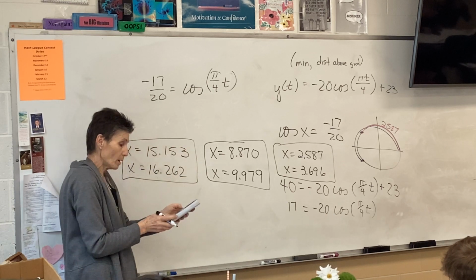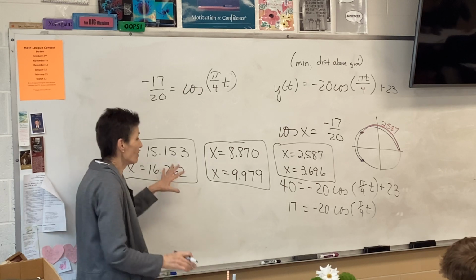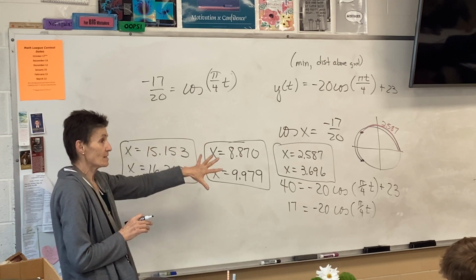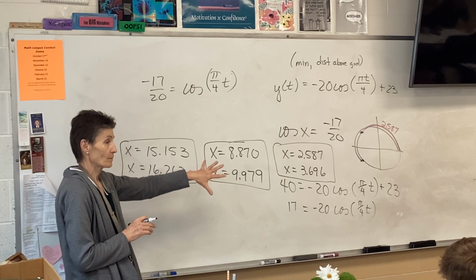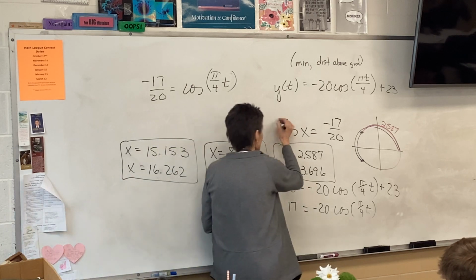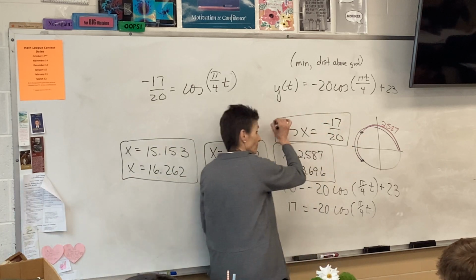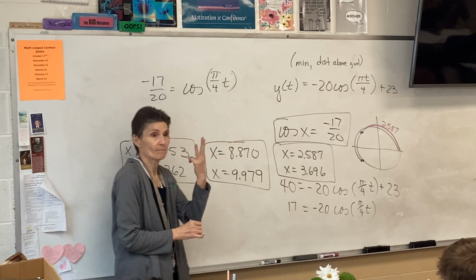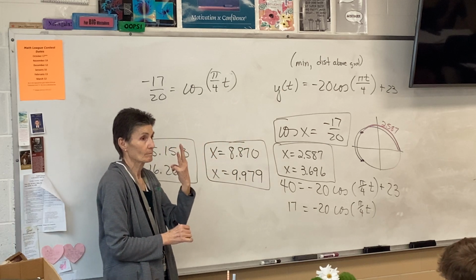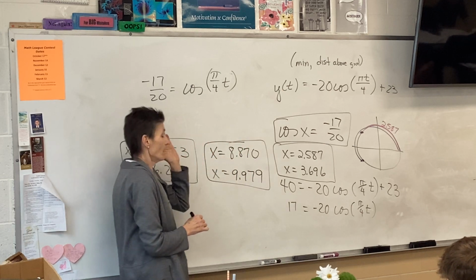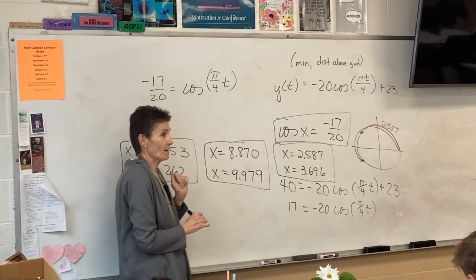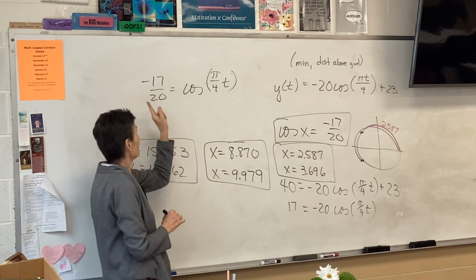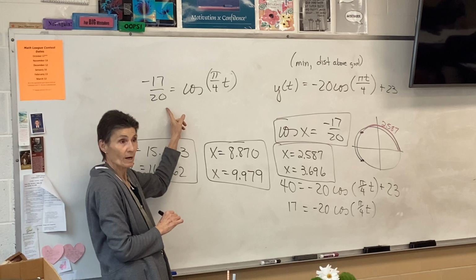But would you agree that those are the answers for this equation if I go around 3 times? Okay. Unfortunately, that was not my equation. This was my equation, right?